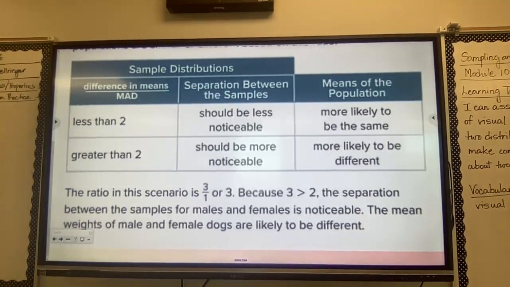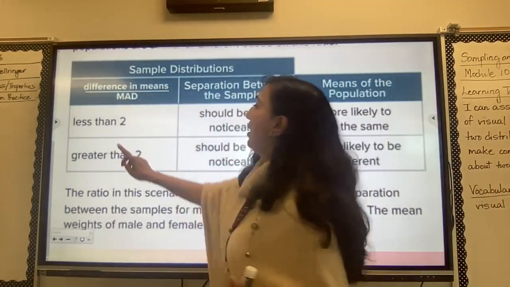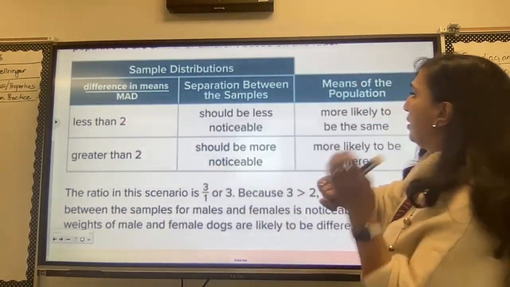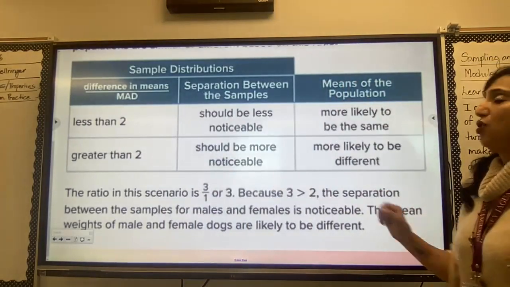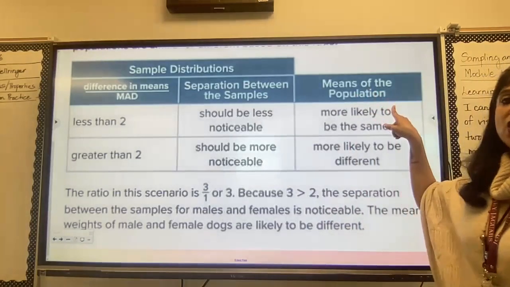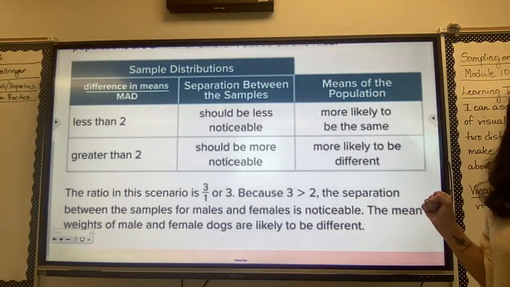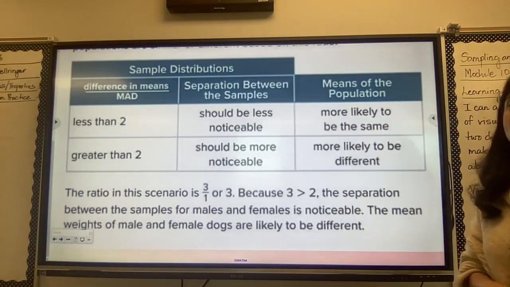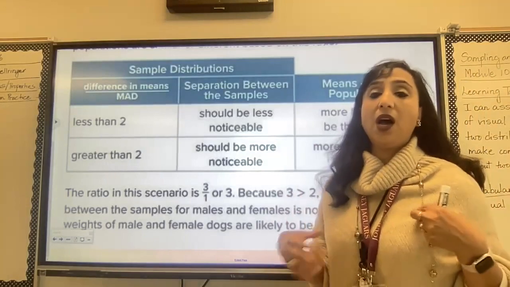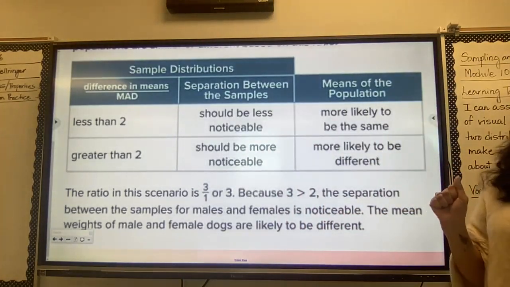When the ratio, difference in means over MAD, is less than 2, the separation between the samples should be less noticeable, and so the means of the population in this case are more likely to be the same. However, when it's greater than 2, it will be more noticeable.